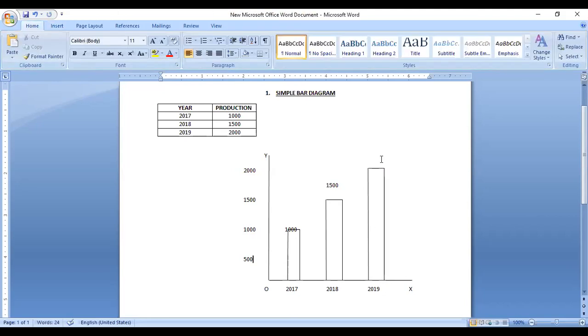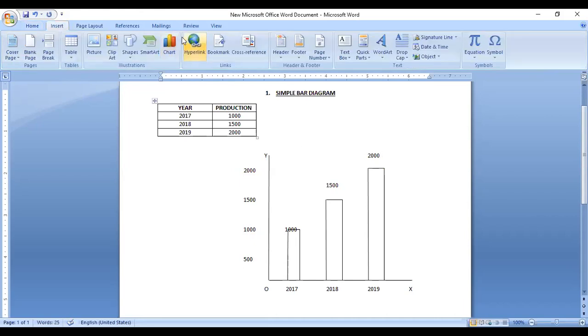Like this you have to draw, and after drawing again, as I have mentioned, we have to mention on the top of the bar. It is a good practice to mention how many units are there. So like this you can do. Okay.